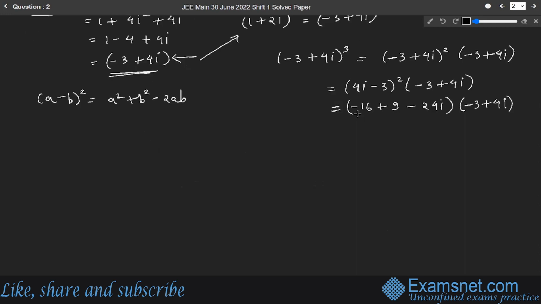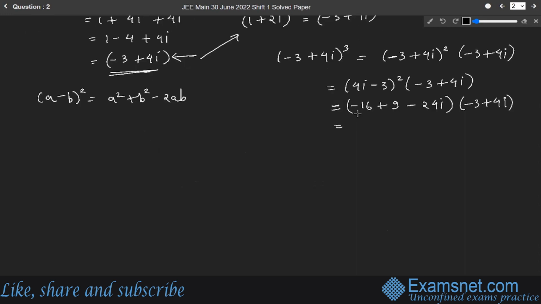All right. So it will be equal to minus 16 plus 9 is minus 7, minus 24i, and (-3 + 4i). Now when we further multiply it, we get minus 7 into minus 3 is plus 21, right?